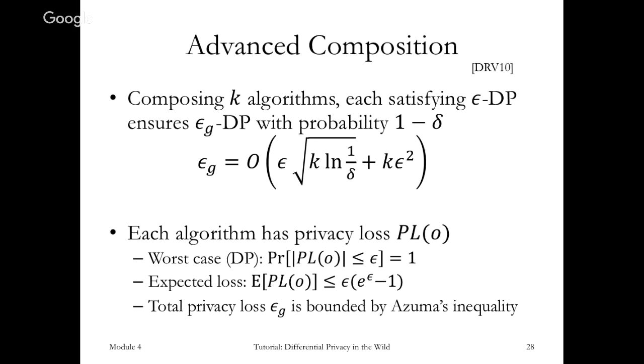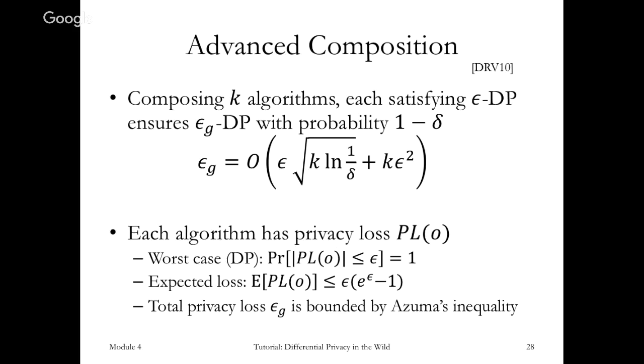Okay, so in this way, we can get a tighter bound for composing k differentially private algorithms for machine learning problems. However, as we see, for this white box approach, you need to add noise at every iteration, you need to modify the code, and it can only satisfy epsilon-delta differential privacy, which is a relaxed version of differential privacy.